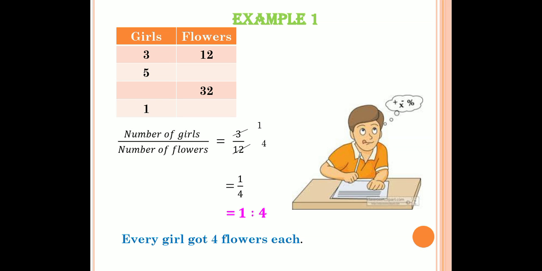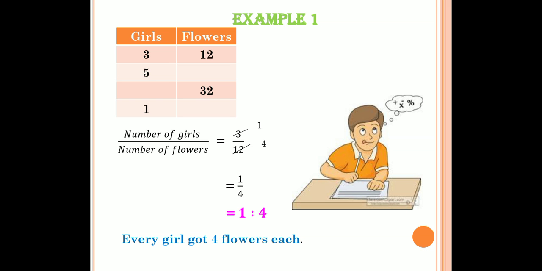So now when you carry on with the calculation, we have found out about the first one. Now in the second one we have not yet found out. But if you look at the first example and you do 3 into 4, 3 fours are 12. So that is how we have got 12 flowers over there.